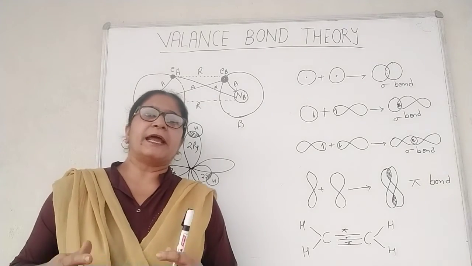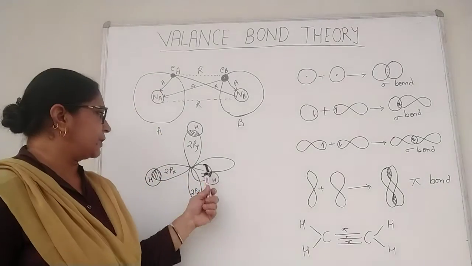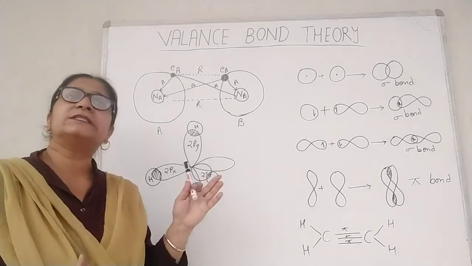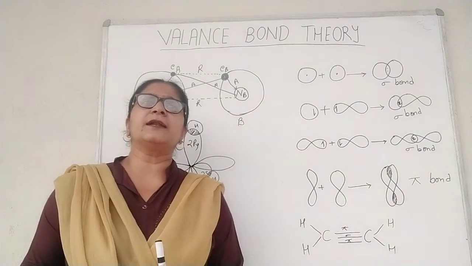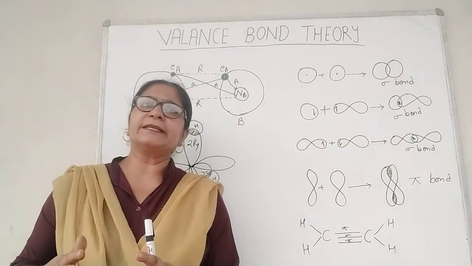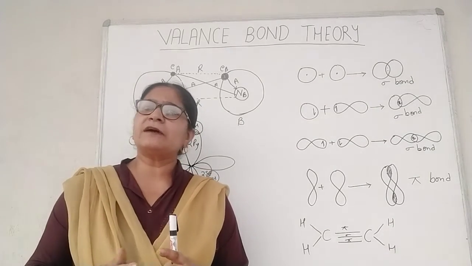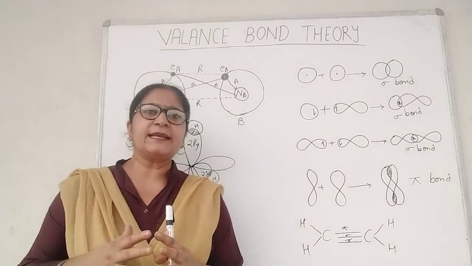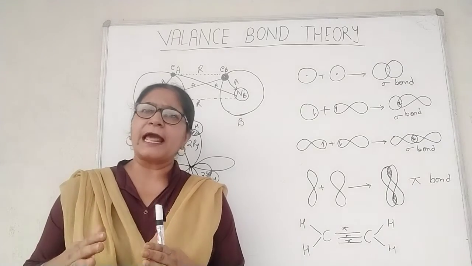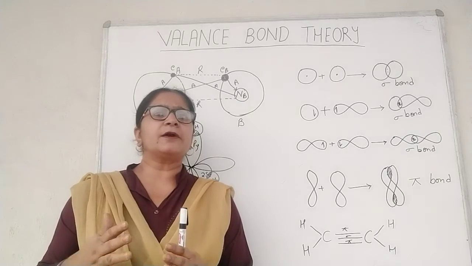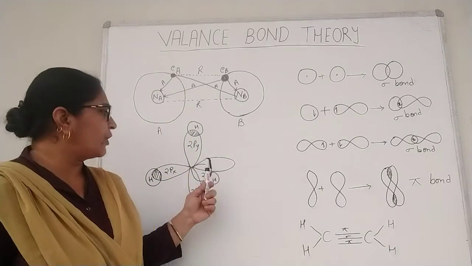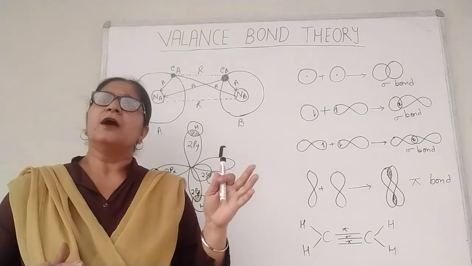This means that all four C-H bonds in methane are not identical. But experimentally it is observed that all four bonds are exactly identical in all aspects and are oriented at a bond angle of 109.5 degrees.